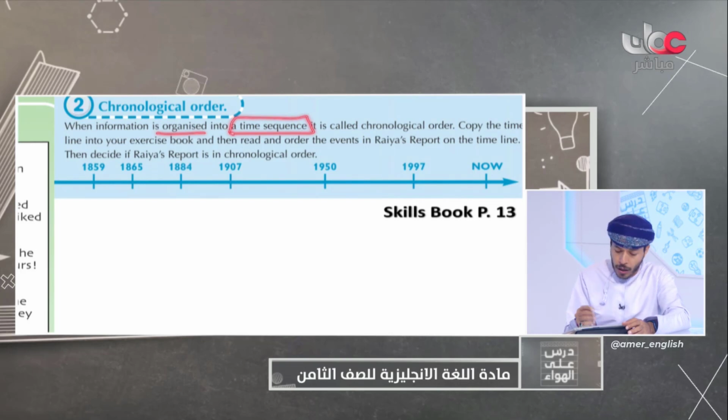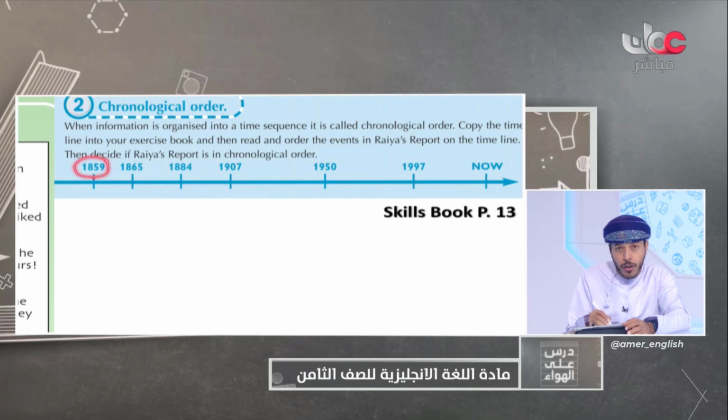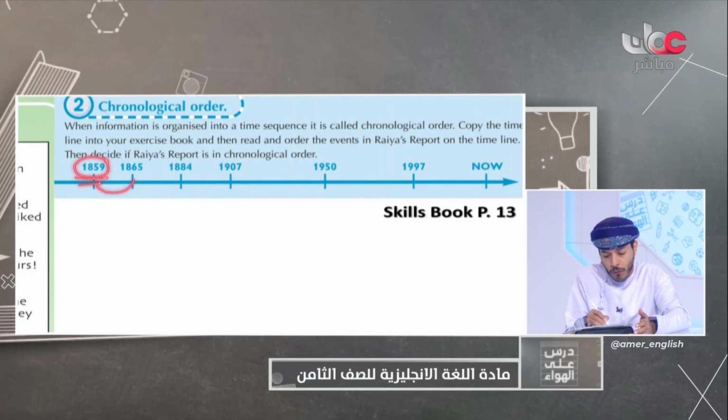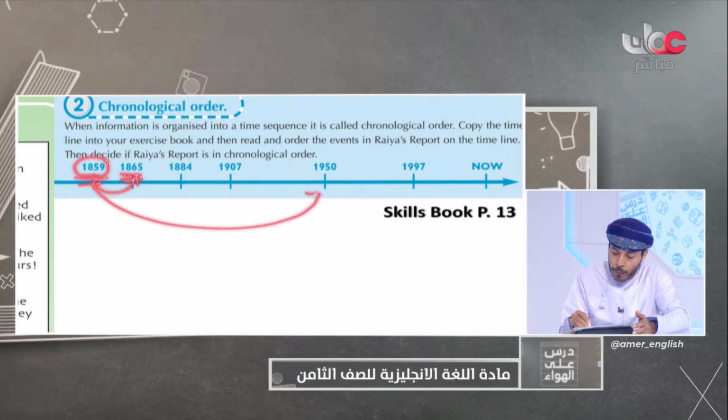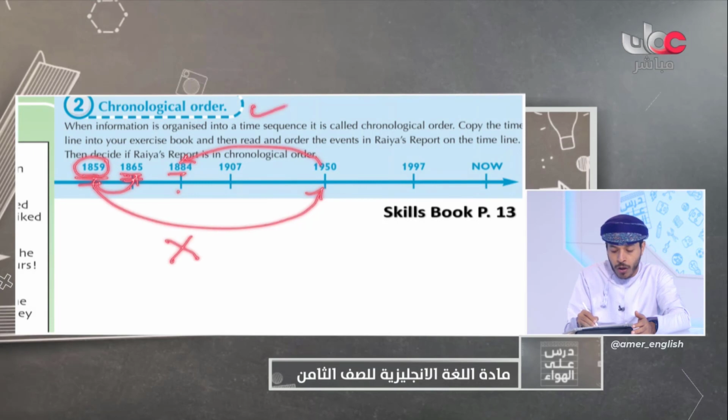Time sequence. Like what? For example, the text started with this year, and what happened this year? Then it moved forward to the next year, which is 1865. Okay, so 1859, 1865. It didn't jump to, for example, 1950, and it doesn't jump back to 1884, because this is not called a chronological order.